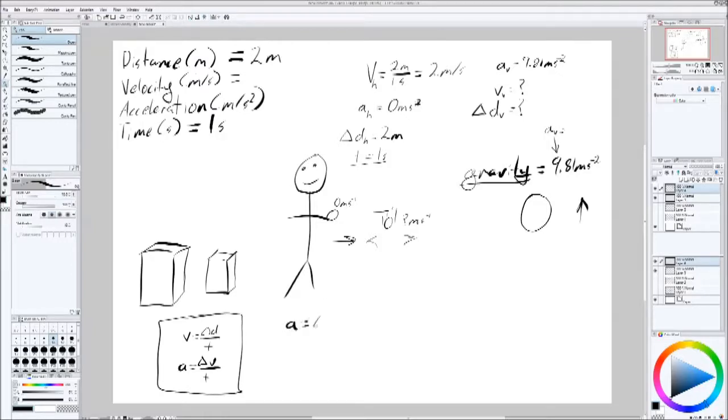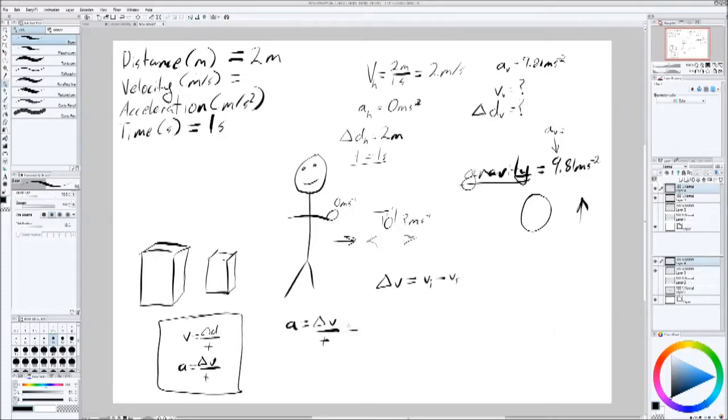So acceleration, we've got delta V over T. The thing is, delta V, if that's the change in velocity, that's the same as the initial velocity minus the final velocity.